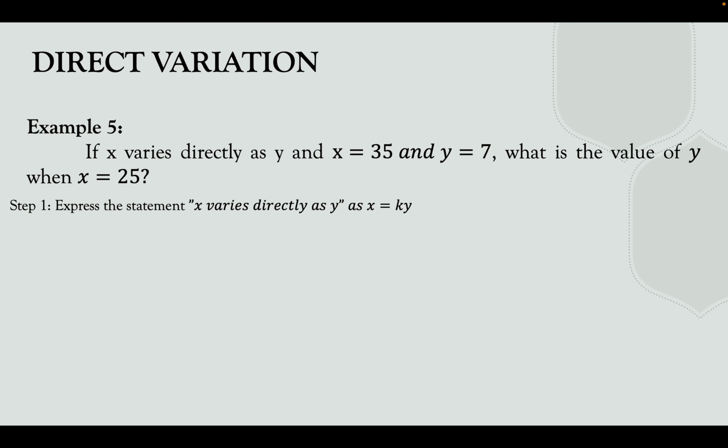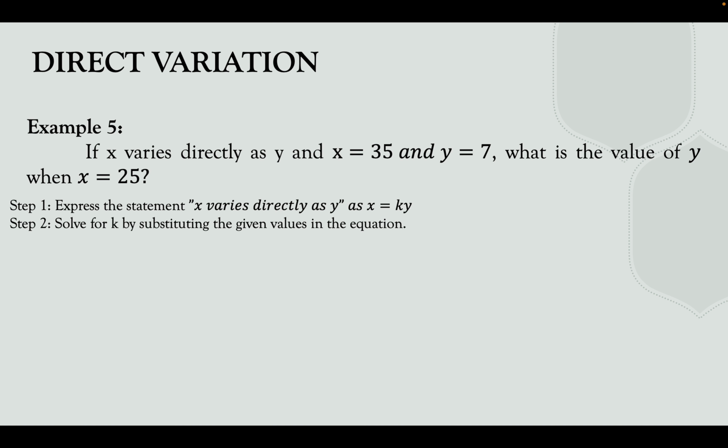So step number 1, same, we need to express this one. In this example, x varies directly as y. Since x is mentioned first, we will write that one first. So x varies directly as y, so we have x is equal to k times y. When you say directly, you just need to multiply.